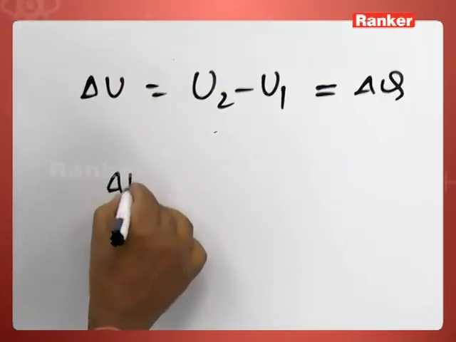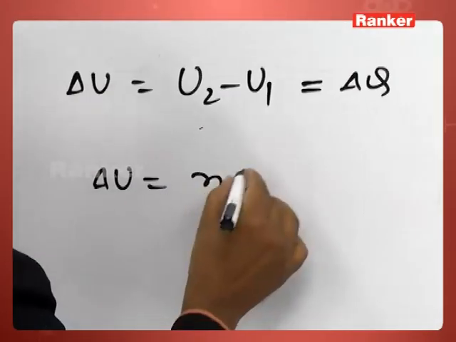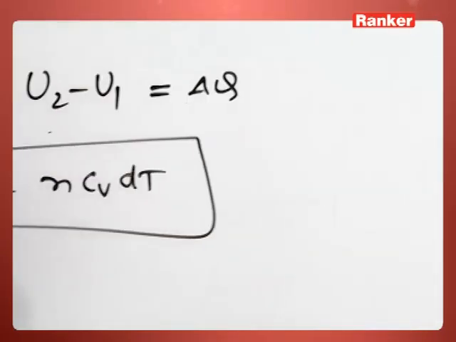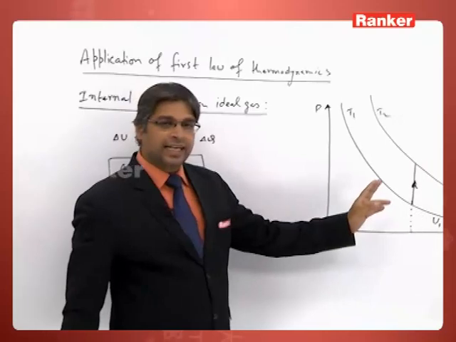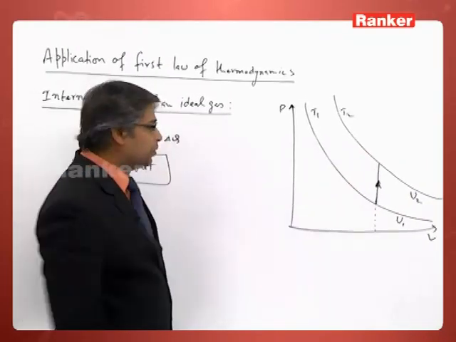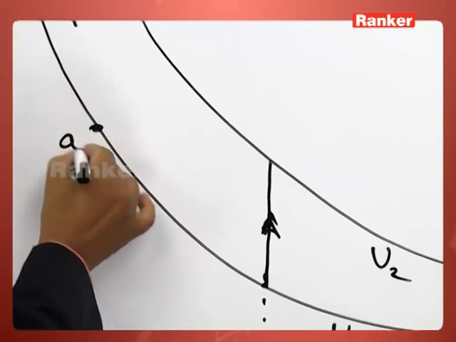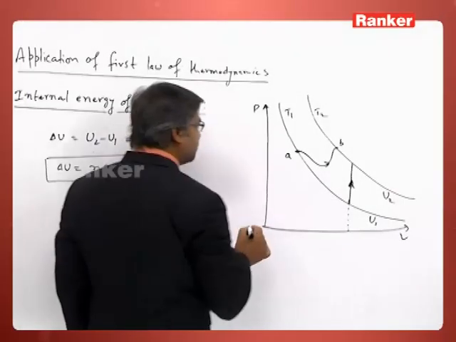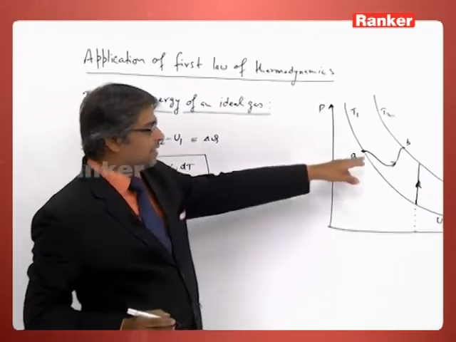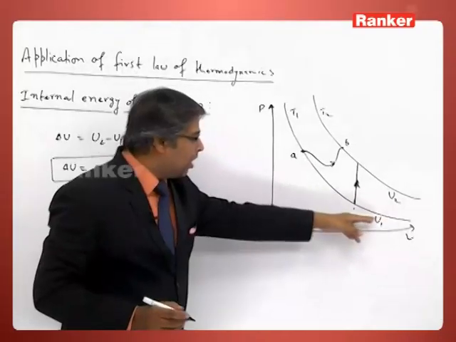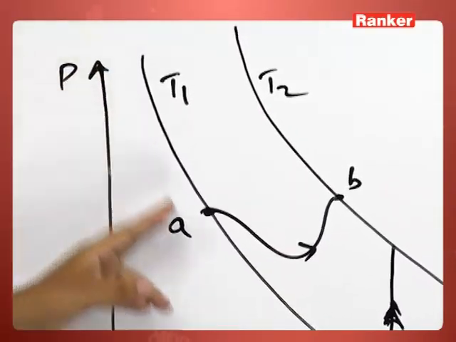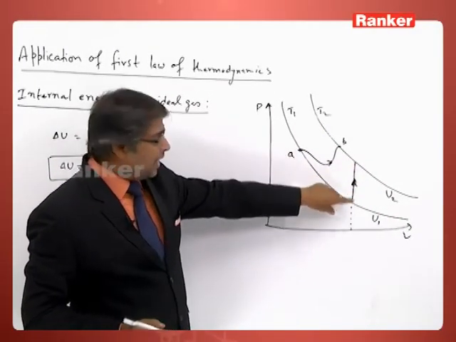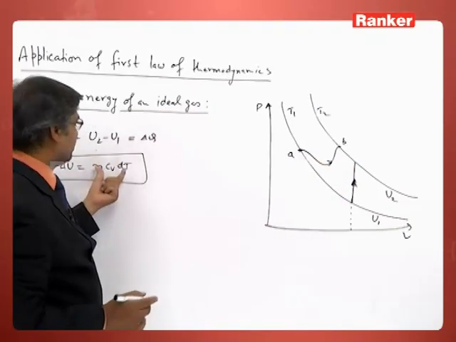Now you see, delta U is equal to delta Q, which is nCv dT for this process. That means you have delta U as nCv dT for this process. Now you take a general point A and a general point B, and if I move from here to here, I will get the same change in delta U, because all the points here have the same U1 and all the points have the same U2, and I know from this isochoric process that this is equal to this.